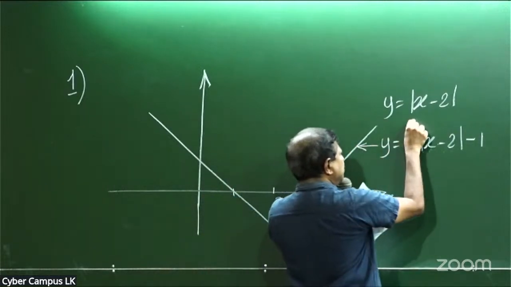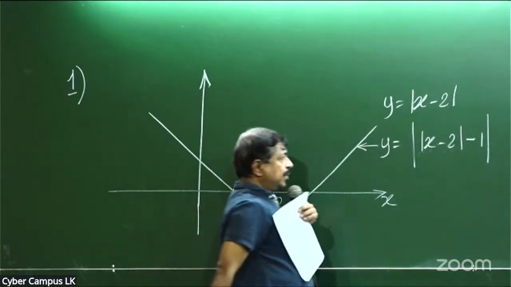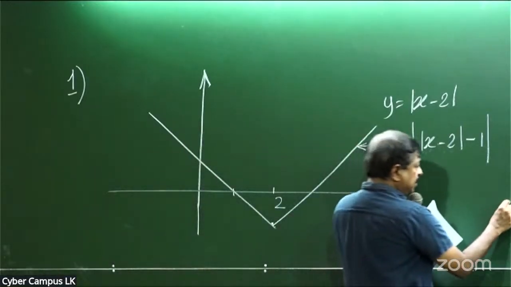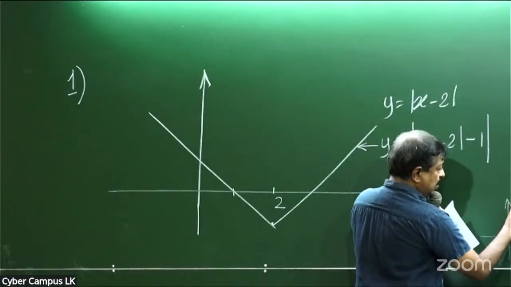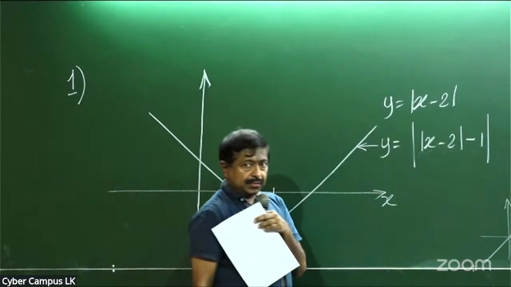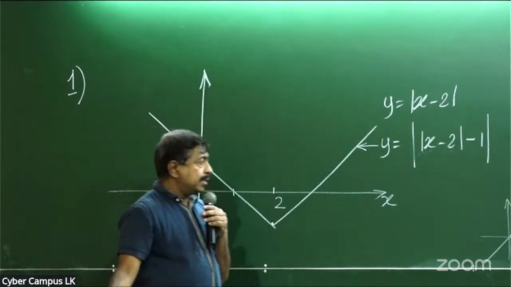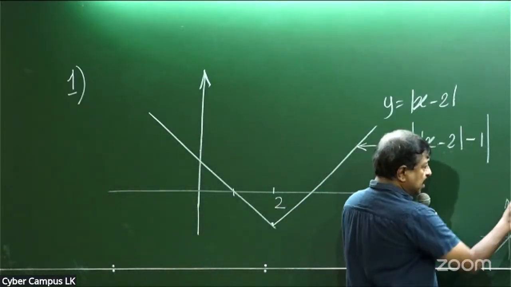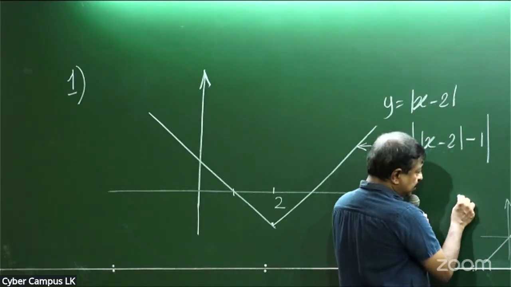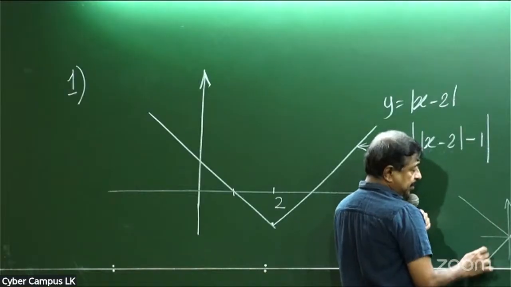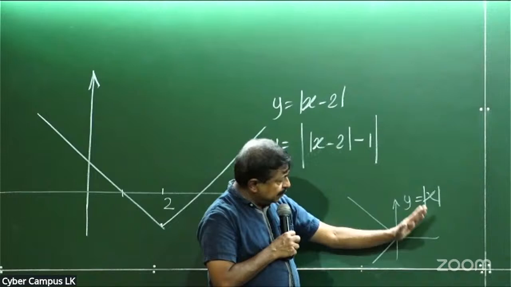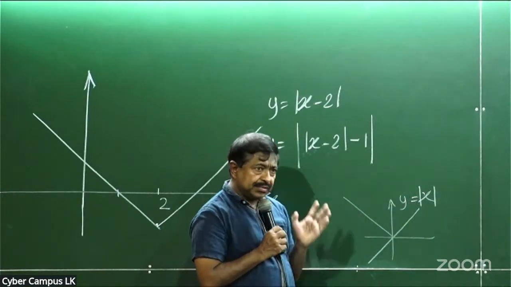After that, if you introduce the other modulus, what happens is, I'll come up with this example. If you graph y equals x, you get a line like this, which goes through the origin. Now, if you introduce a modulus function outside, it will be like this. It's a v. So whenever the function is positive, it remains the same.